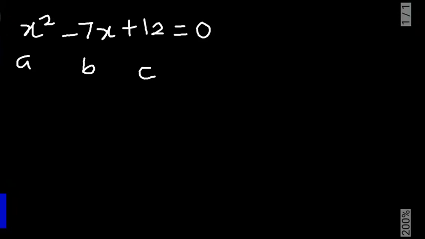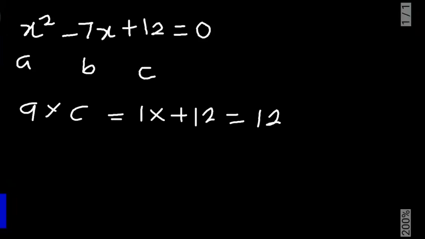Then we multiply a by c. The coefficient of x squared, that is a, which is 1, multiplied by plus 12, we have 12.